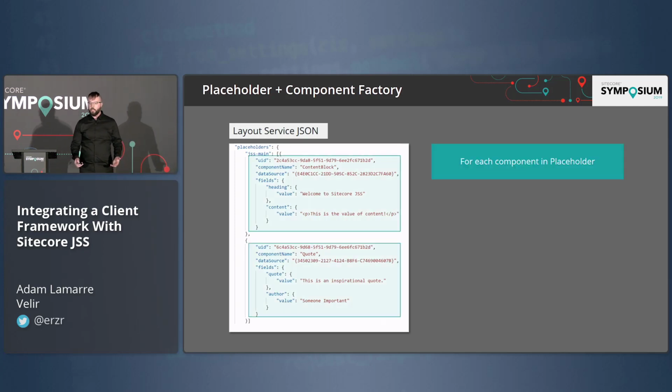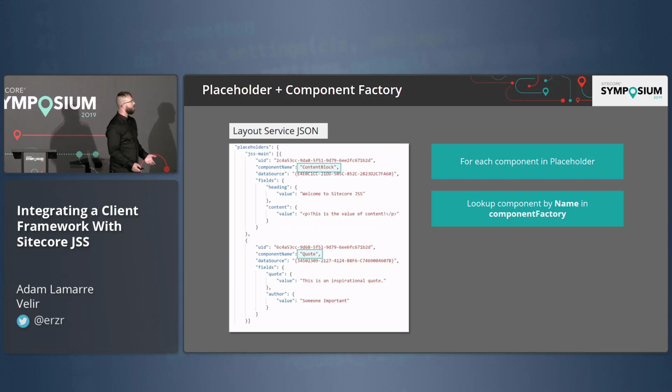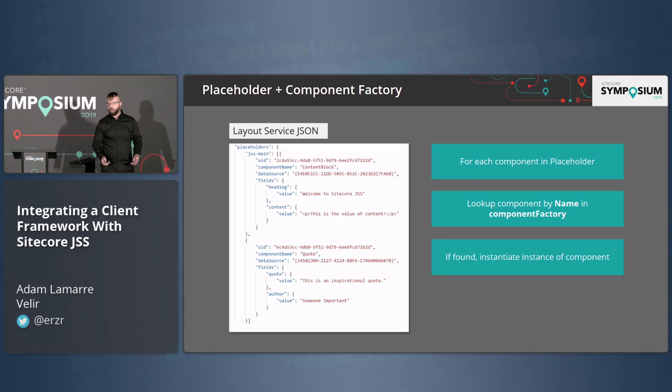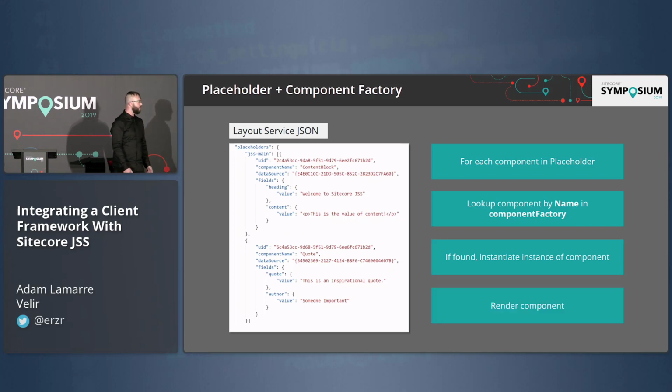For each component inside the placeholder, we look up the component by name in the component factory. If it's found, we create an instance of it, and we render it. So the placeholder component is fairly straightforward, but it really bases off this layout service JSON.